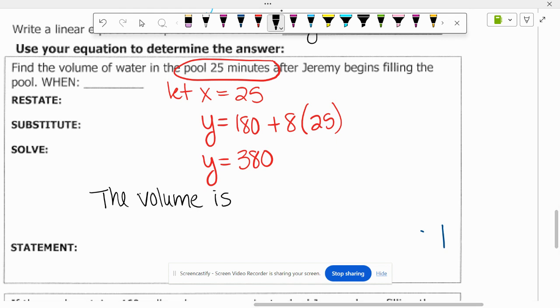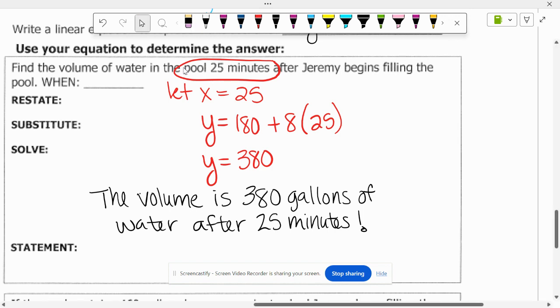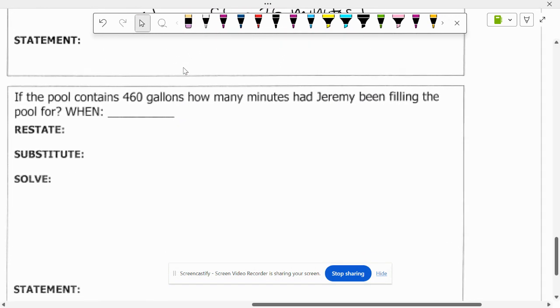Yeah. Perfect. The volume is 380 gallons of water after 25 minutes. You guys are very good at writing sentences. Does this make sense? Okay. You guys are sleepy.